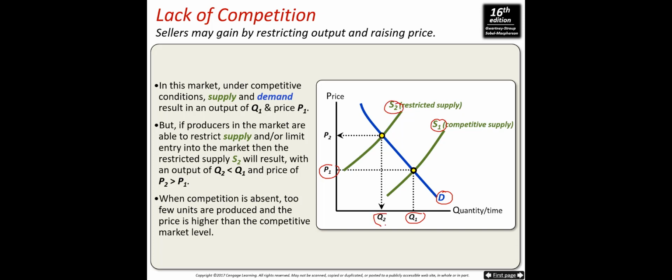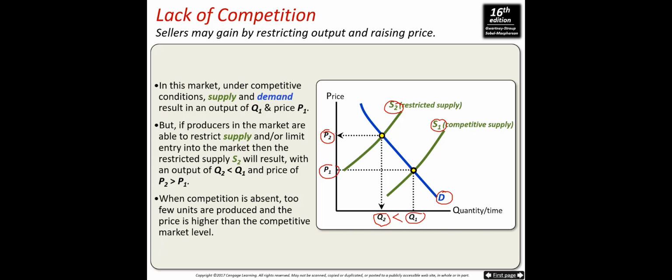The quantity drops to Q2. Q2 is less than Q1 and price is higher now. P2 is higher than P1. So with restricted supply, companies are selling at a higher price and limiting the entry of other firms in the industry.